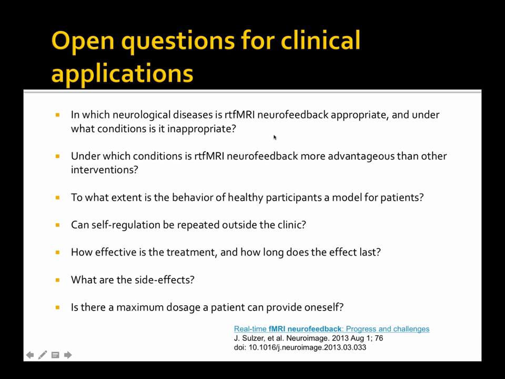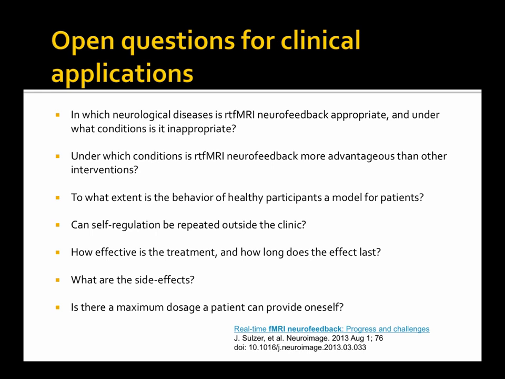So can we use these techniques to treat neurological disorders or psychiatric disorders? As I mentioned, on both fMRI and EEG, the EEG work goes back probably 20 years, and a lot of the reports will be single case, some a little bit more solid, but still not a standard treatment.